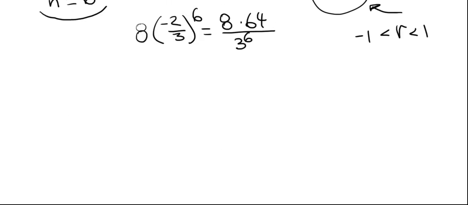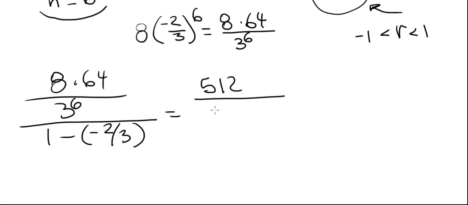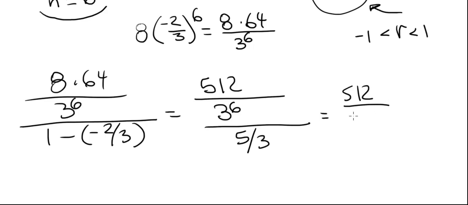So here is the first term, 8 times 64 divided by 3 to the 6th power, divided by 1 minus a -2/3. So this is again 8 times 64, which is 512, divided by 3 to the 6th power, divided by 5/3. So this is 512 divided by 3 to the 6th times 3/5.